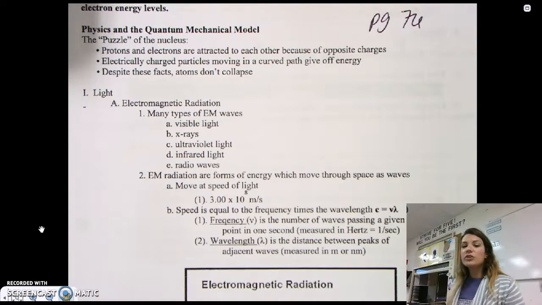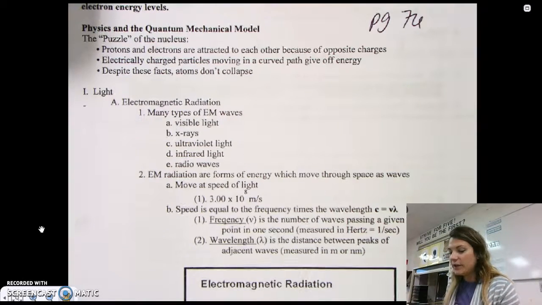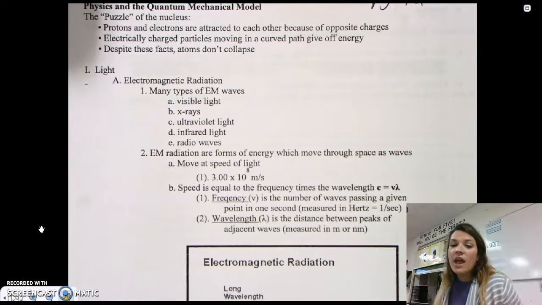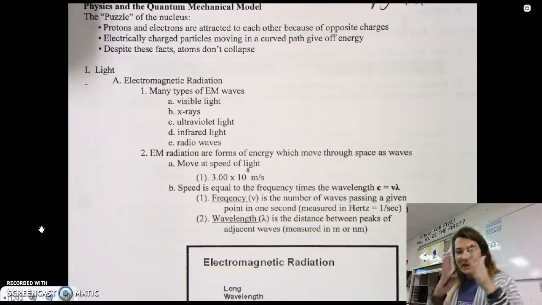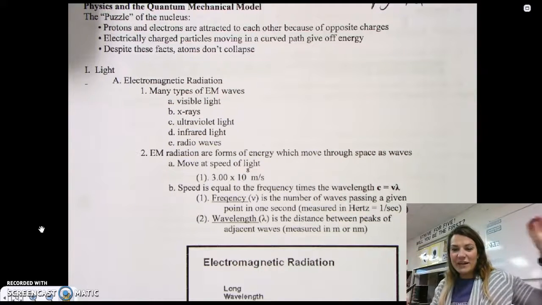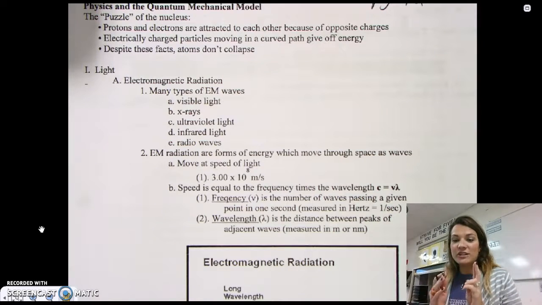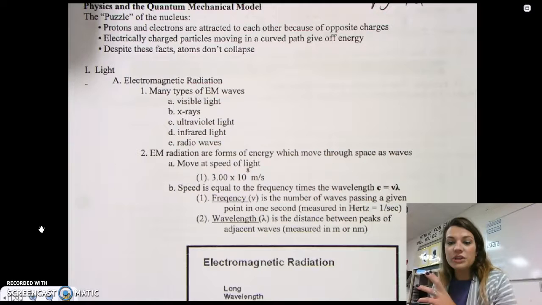Okay. So you learned in physical science, or you should have learned in physical science, about this idea of electromagnetic radiation, which is how we see light. And if you remember that big long scale, you have radio waves all the way down to gamma waves. In the center somewhere is this really tiny spot where it's visible light, where you have your Roy G. Biv, red, orange, yellow, etc., the rainbow.